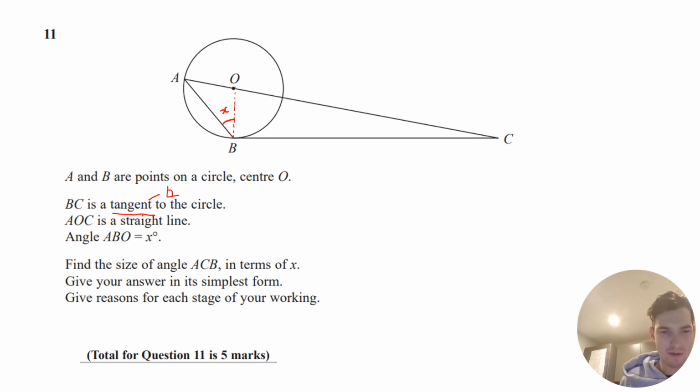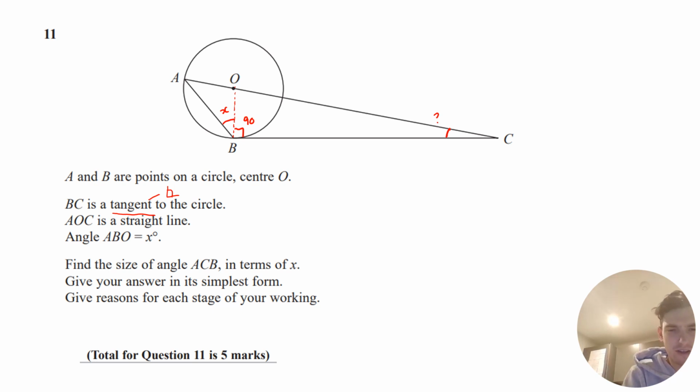Okay, so it tells me to find the size of angle ACB. So where is that? Let's just mark on ACB, question mark, that's the angle I need to find. Okay, so what do I have here? Well, it says tangent, and I think that OB is a radius. I've drawn that on. So I think I can say that this here is a right angle, so it's 90.